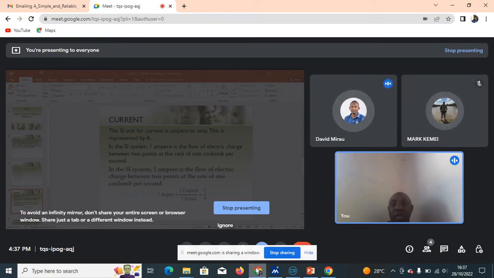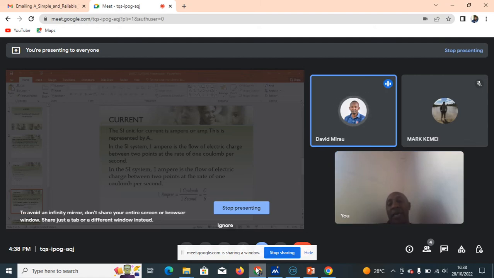So when you say that a fuse is rated at 1 ampere, it means the movement of one coulomb of charge per second. When you say it is 2 amperes, it is two coulombs per second. So that's why we are saying current is the rate of flow of charged particles from one place to the other.